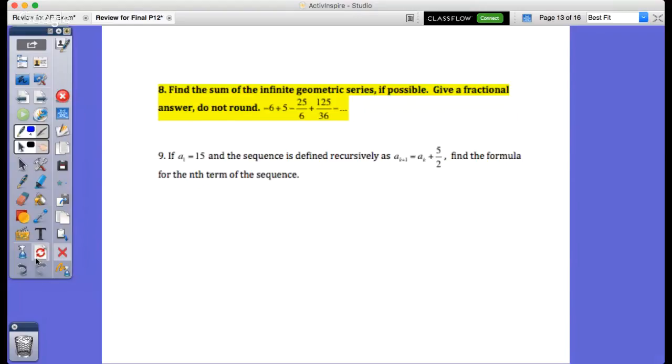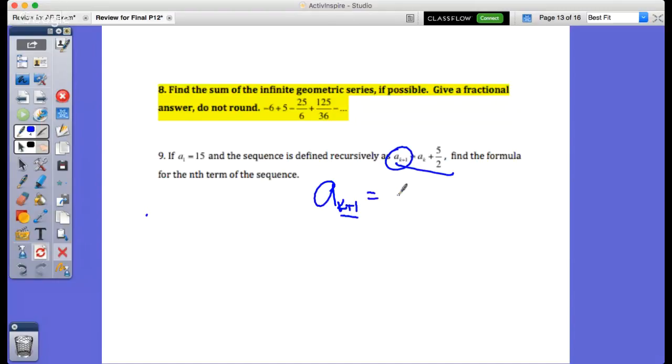All right, can we do number 9? Okay, here we go. Hey, number 9, I'm gonna try to simplify this as much as possible. Recursive means that I'm continually plugging in a number and just basically getting out whatever the formula says. So when we see something that's a sub k plus 1, that is a fancy way of saying that this will be the next term.